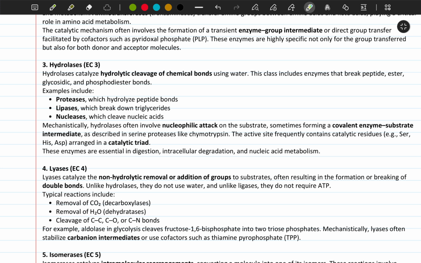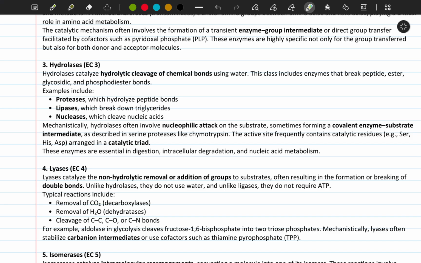So what happens is that hydrolases do a nucleophilic attack on the substrate, okay, and then they form a covalent enzyme-substrate intermediate.